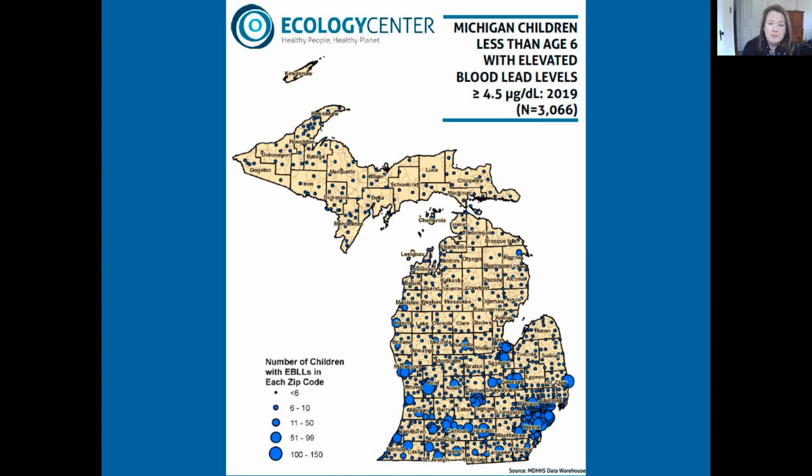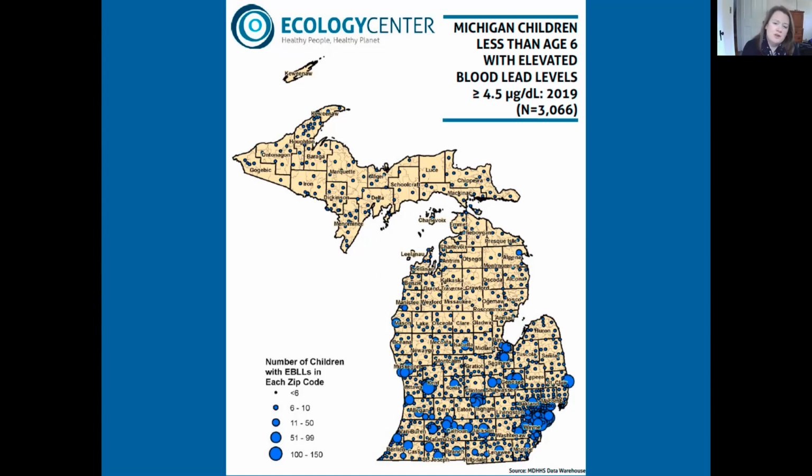So not in every zip code, of course, but certainly in every county you have cases where children have elevated blood lead levels. We show this to lawmakers to make sure that there isn't the misperception that this is just an issue in Flint or in Detroit or things like that. And if you zoom in, you certainly can see that there are more cases in urban areas, but it is an issue still in rural areas across the state.